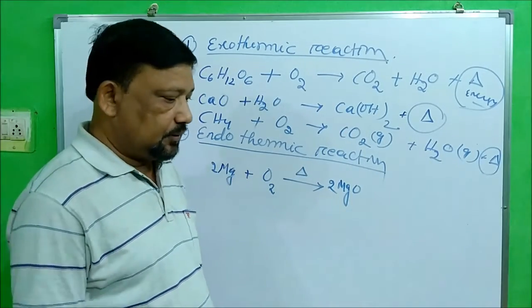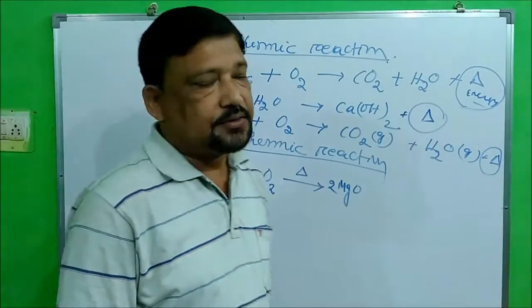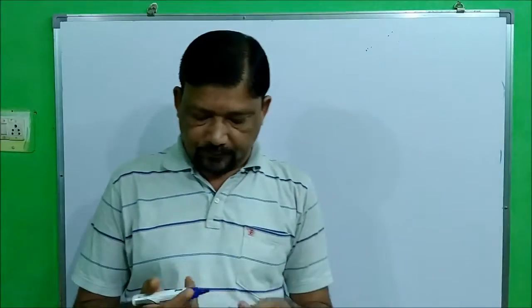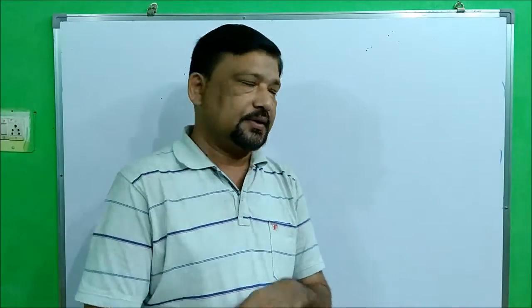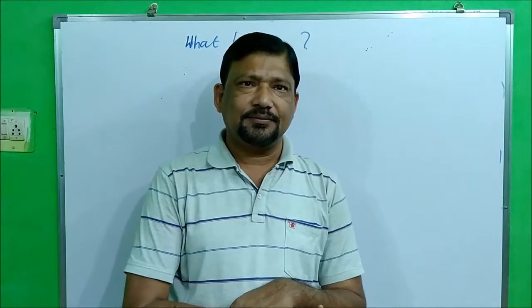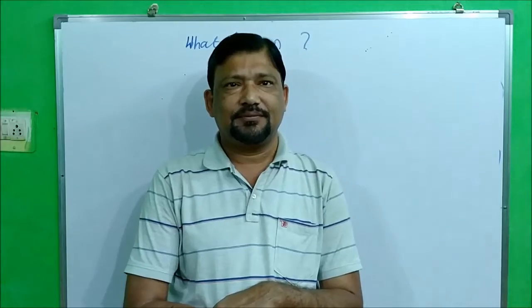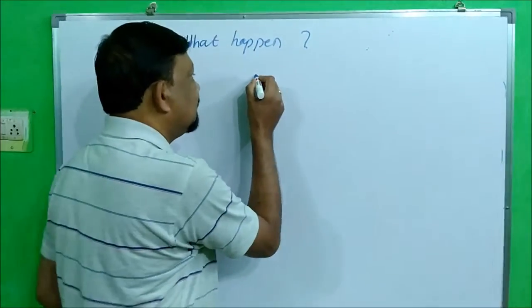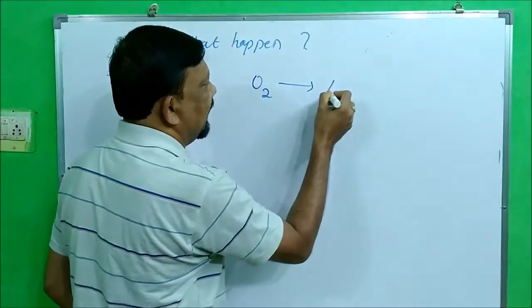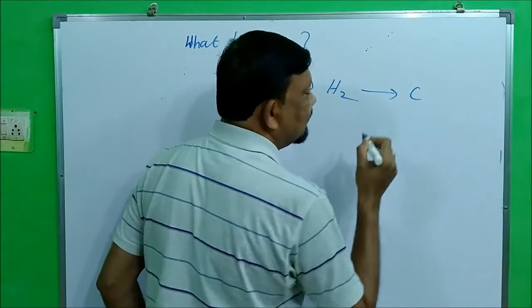Next come to another way of classifying the chemical reactions. For instance, what happens during the chemical reaction? Do you think that any atom breaks and a new atom is formed, or oxygen itself changes to hydrogen, or hydrogen changes to carbon?